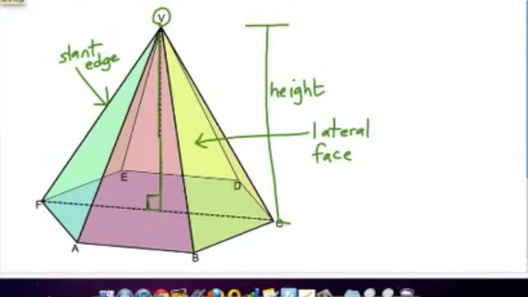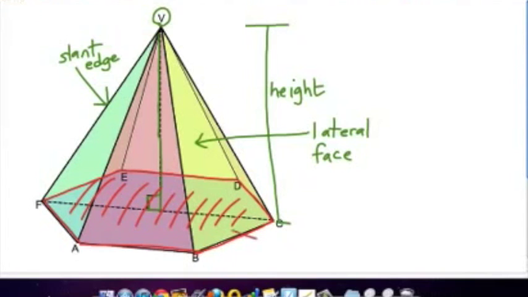Then, of course, at the bottom, or the base, if you will, which makes it very self-explanatory, is the base of a pyramid. All right, so those are the different terms that we will be using when discussing pyramids.